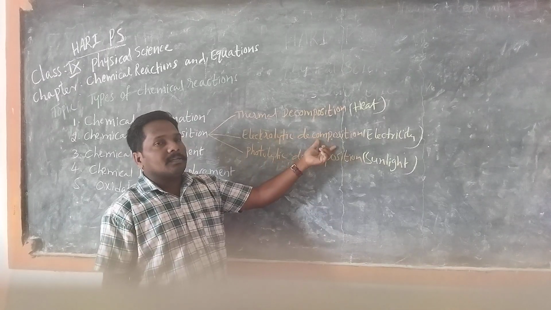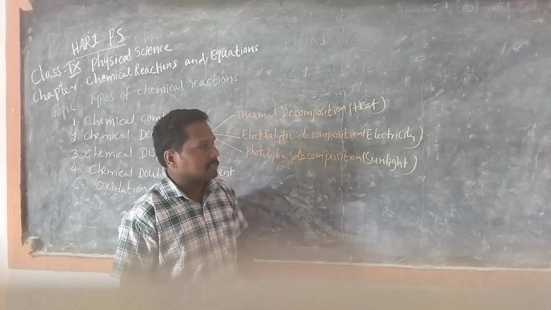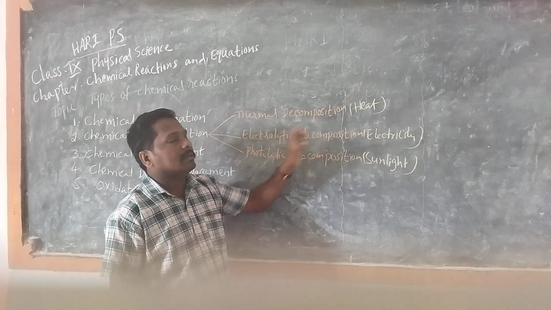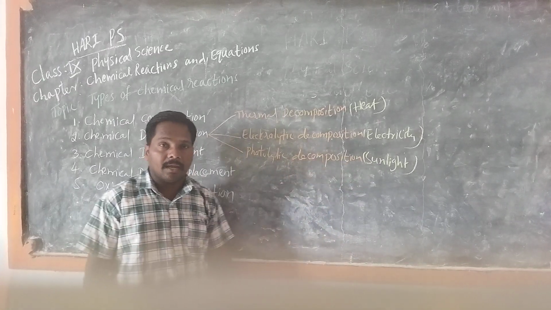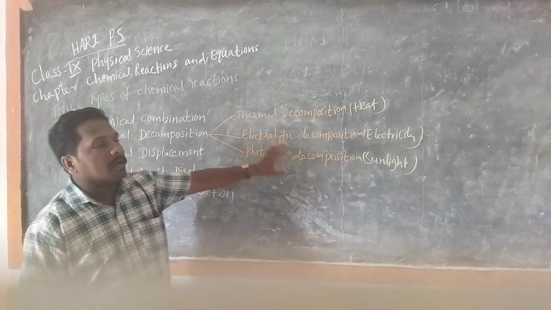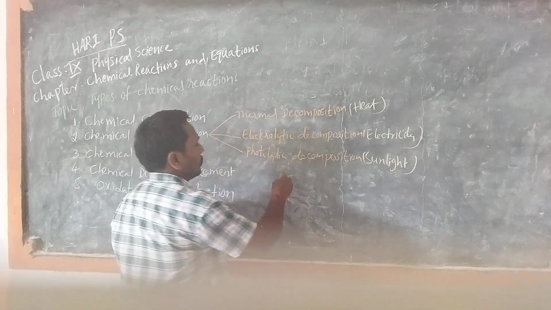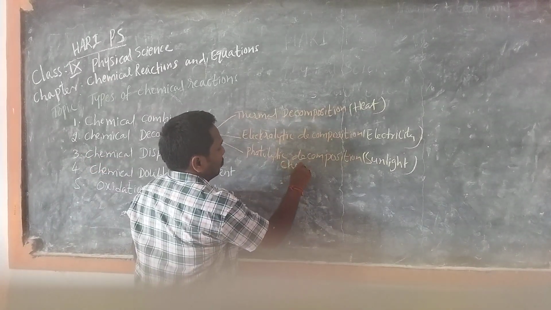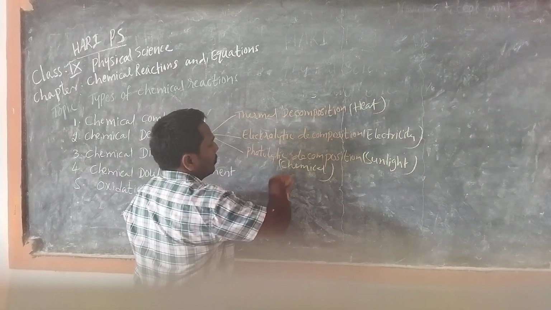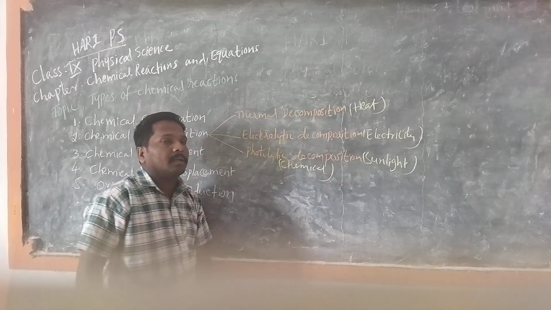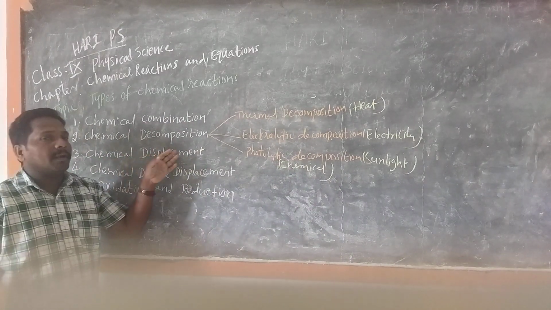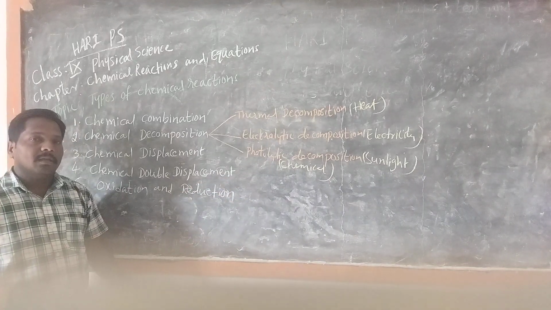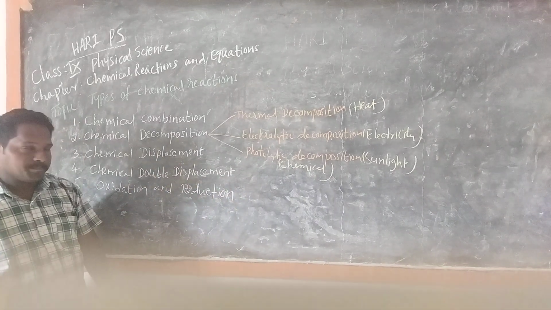If it takes place because of electricity, we call it electrolytic decomposition. If it takes place in the presence of sunlight, it is photochemical or photolytic decomposition. Then chemical displacement, of which you have an idea from the displacement reaction learned in class 8.